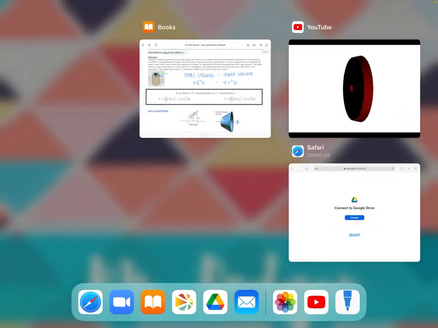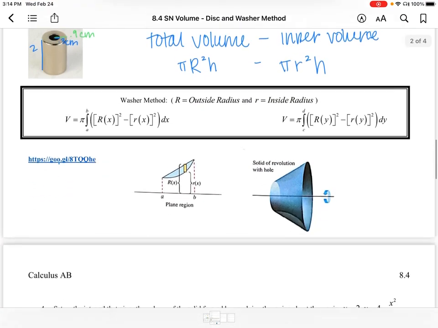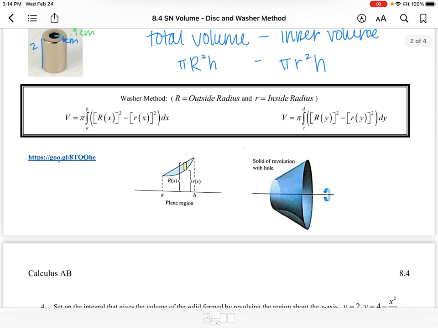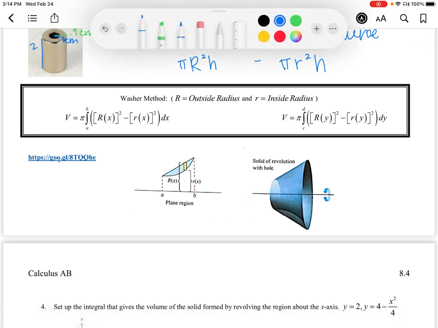Okay, so here are our formulas. We've kind of already talked about it, but we are going to take the big radius, so that R, so that's going to be a big top minus bottom squared, and then the inner radius, which is a lowercase t minus b squared. Note the b will be the same, the t is what's going to change.